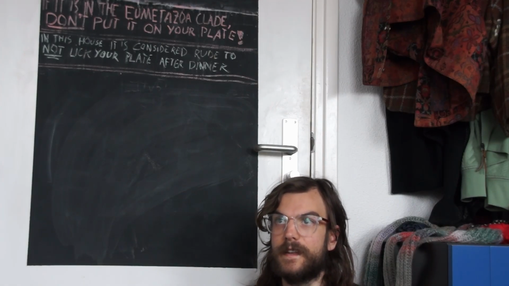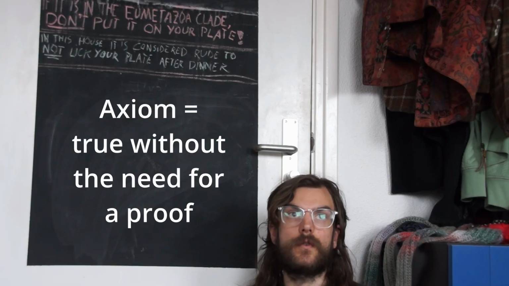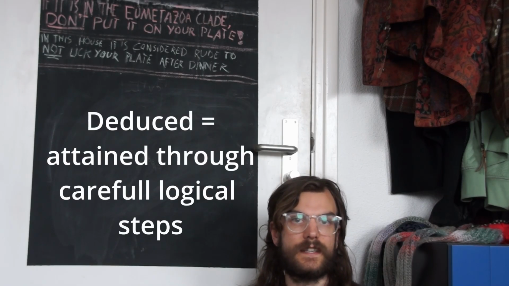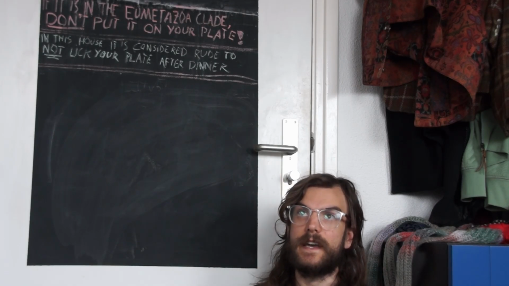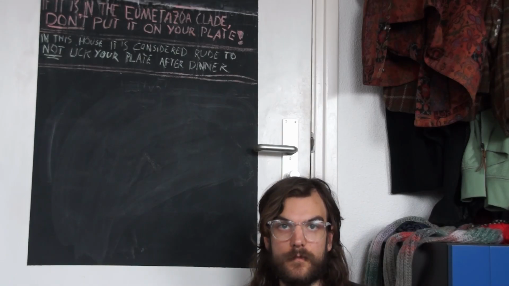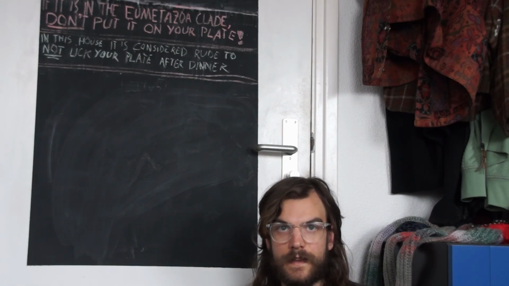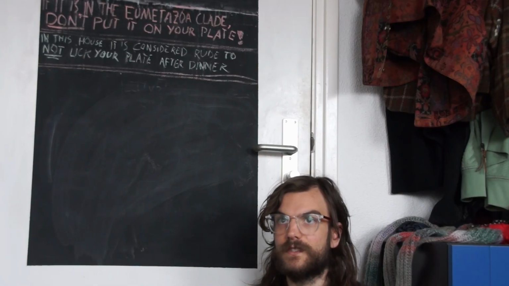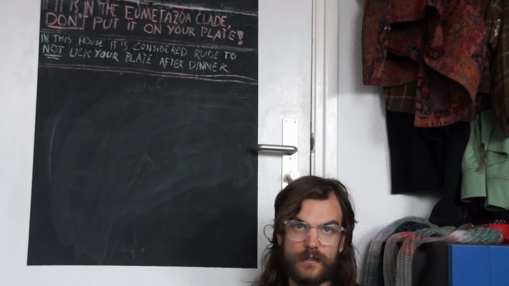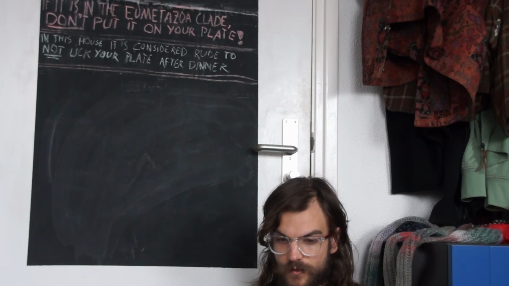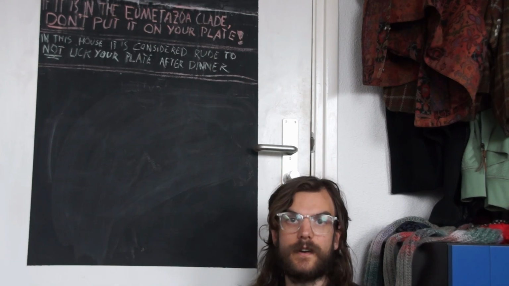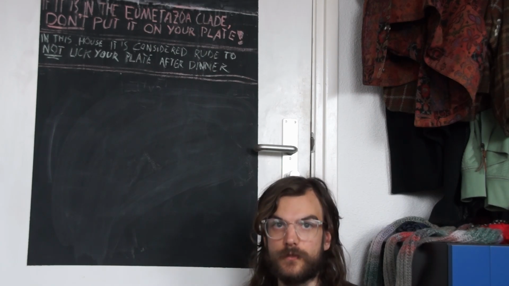And that model is either an axiom or it is deduced from other axioms. An example of an axiom is Newton's laws of motion. Those were posed as axioms when they were written down, and that means Newton just said, what if these are true, and then did some calculations and experiments and verified that they appear to be true.